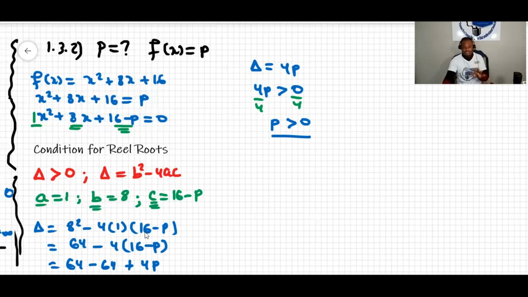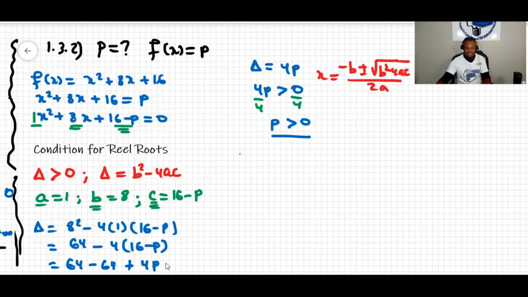But the question is quite precise. It says two unequal real roots. So far, we only have a proof of having real roots. Let me first write the quadratic formula: the solution for the quadratic equation is negative b plus minus square root of b squared minus 4ac, all over 2a.